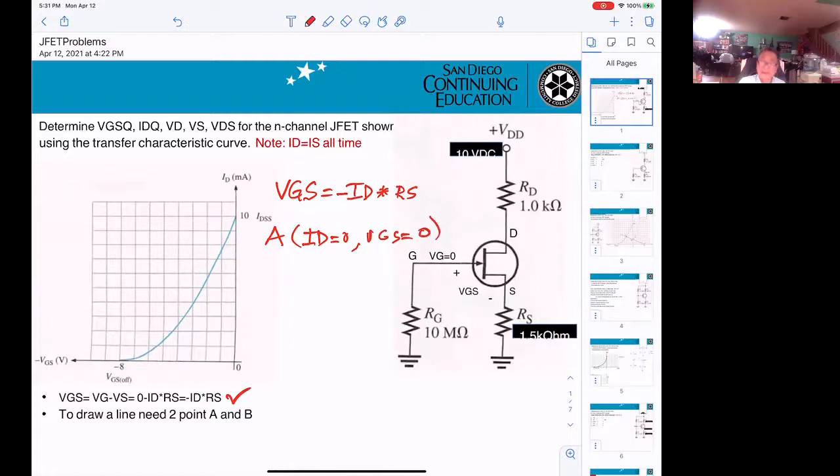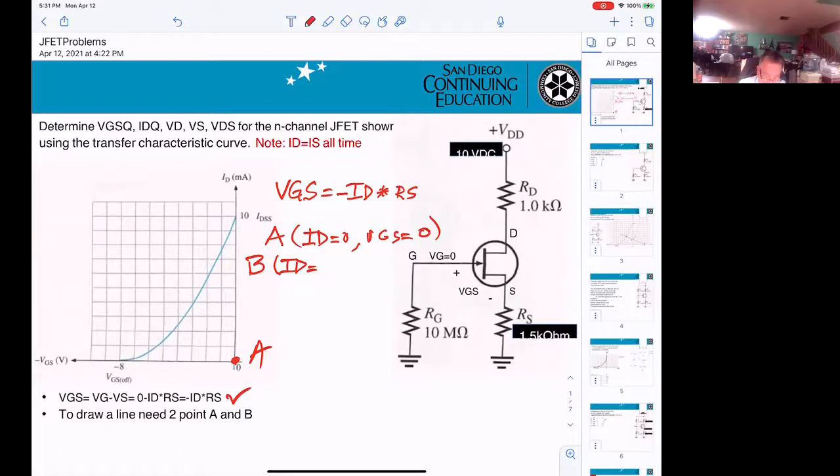VGS equals minus ID times RS. So you get point A right here. Now you need a second point, point B. For ID, you can select any number higher than 0 and less than or equal to 10 milliamp IDSS. Any number you want.